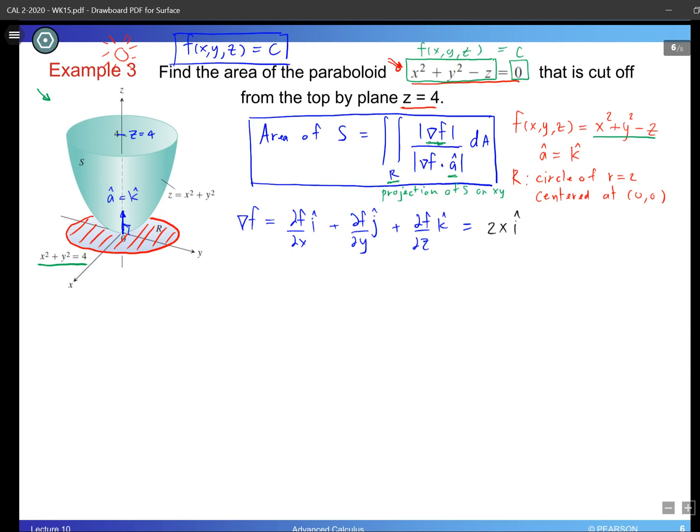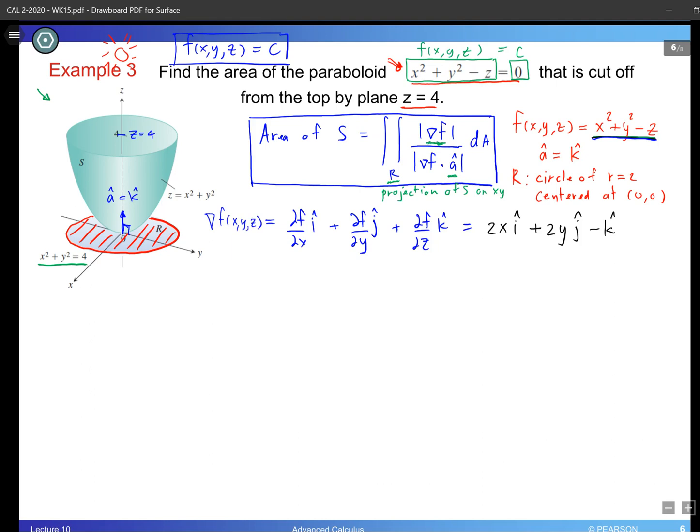Now the second component, the partial derivative of f with respect to y. Differentiating this with respect to y, I get 2y, so that is 2y j. And now I need to differentiate with respect to z, and I get minus 1 this time. So the last component is minus k hat. Alright, not too bad. What about I put the whole notation here? Gradient of f with x, y, and z.